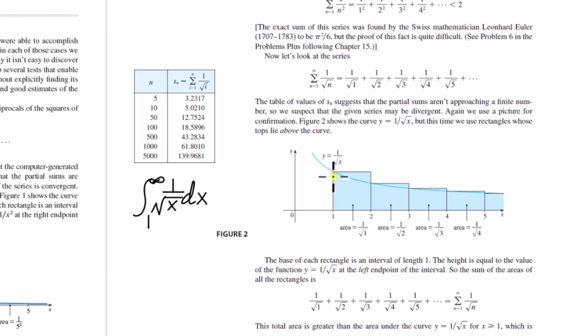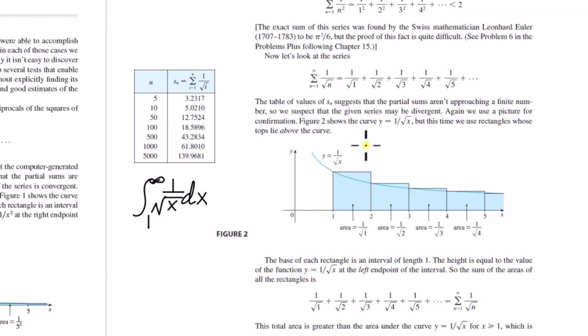But clearly, the area represented by this integral is less than or equal to the sum from n equals 1 to infinity of 1 over square root of n, because this sum is represented by the areas of these rectangles. And so, since the area is greater than or at best equal to an area that's divergent, the series is going to be divergent.